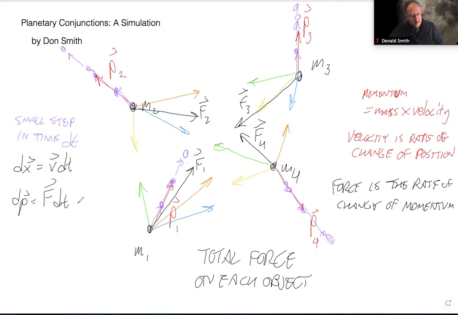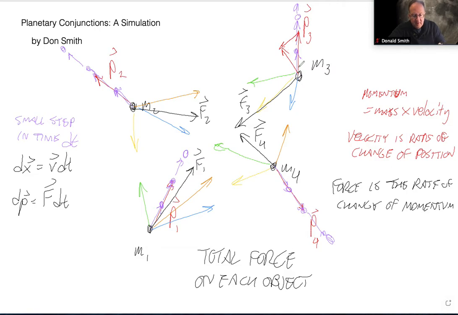Same idea. So if I know that F3 is this way, then I know that P3 has to change in the direction of F3. So I would get a dP in this direction parallel to F3, and my new momentum would now be pointing this way.